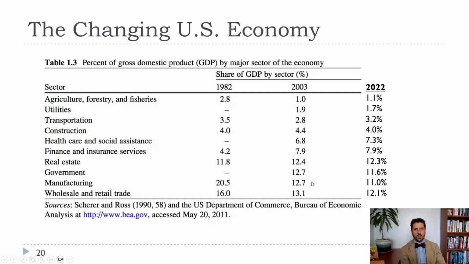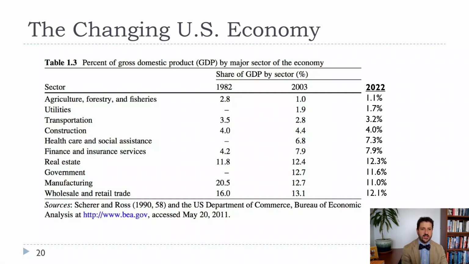So this is just a quick picture of the changing nature of the U.S. economy from 1982 to 2022, so over the last 40 years. You can see agriculture, forestry, and fisheries has declined by more than half. The big increase has been in things like finance and insurance services. Manufacturing is about half the size it was in 1982.